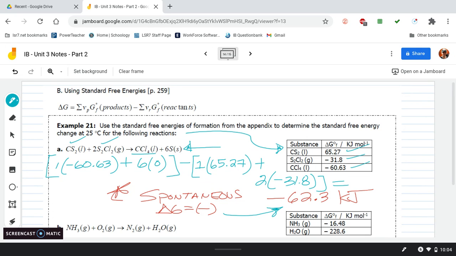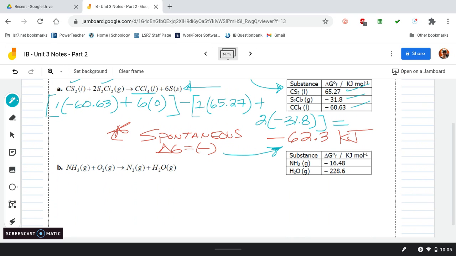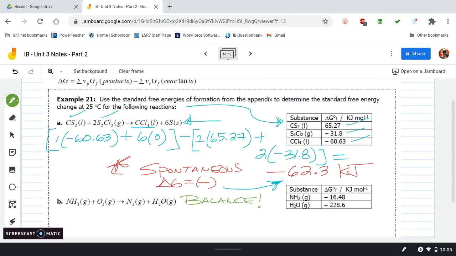It's one of the easier things that we've done in the unit because there are no conversions. So go ahead and try B. I am going to tell you before you try B and make a mistake that you do need to balance this. We always have to check to see if it's balanced. This one was balanced because they gave you some coefficients, but the next one may or may not be balanced. So, all right, pause it and give it a go.